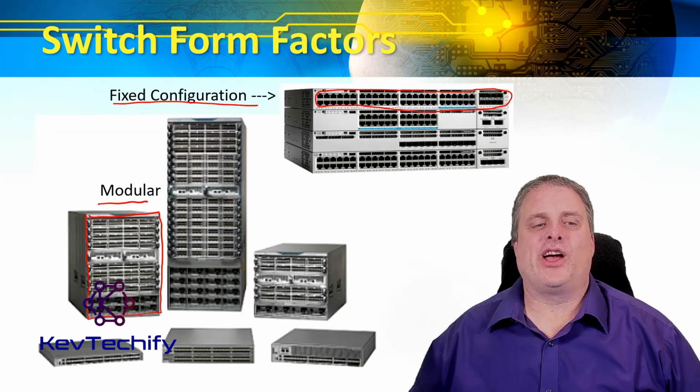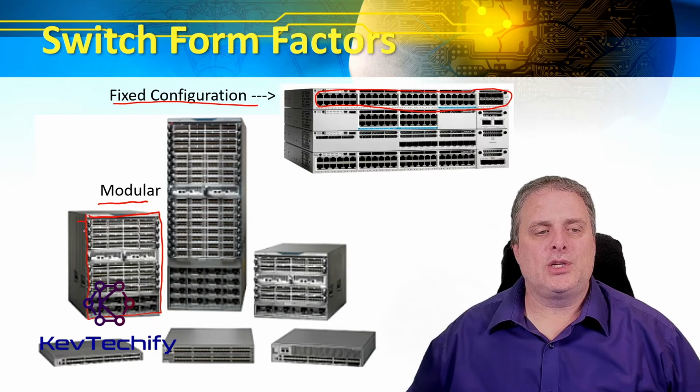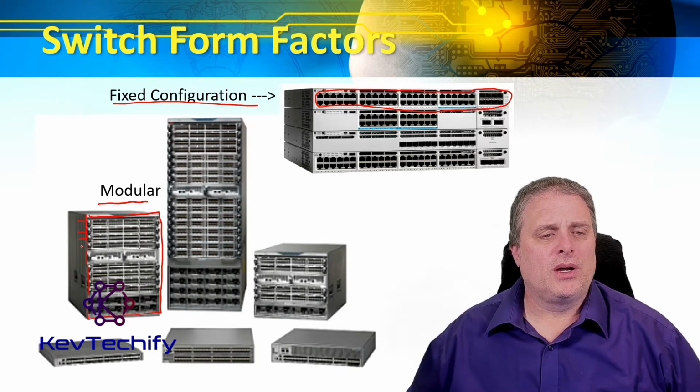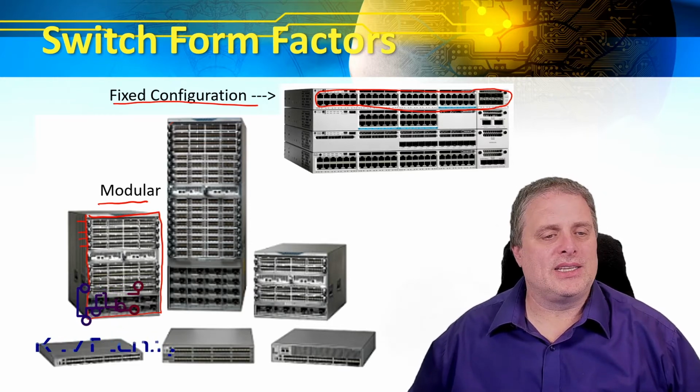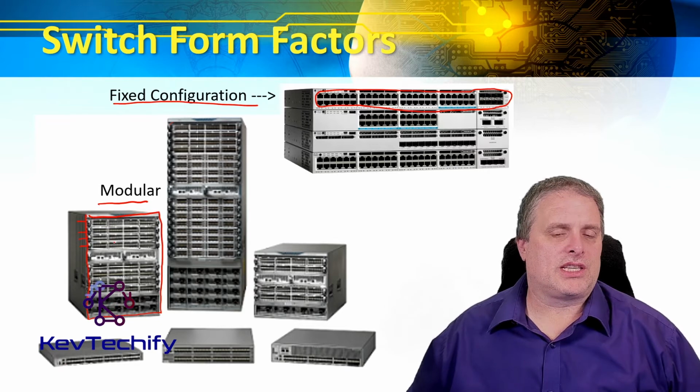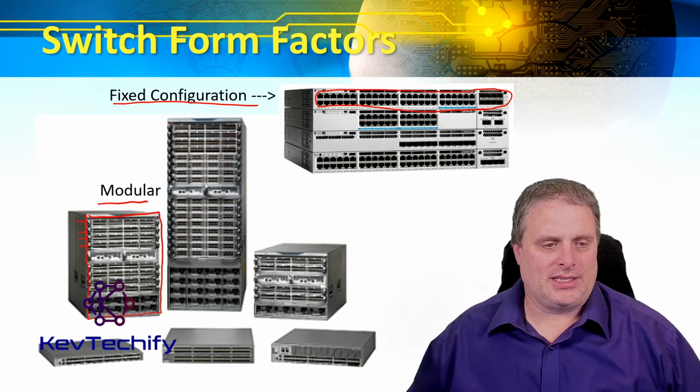These are empty shelves in here. And you have to purchase each one of these cards, these slots, you have to fill them up individually. And so there'll be an added cost for that. So you buy the outside container, then you buy the cards and the slots in there. There's a control module, there's power supplies in there.